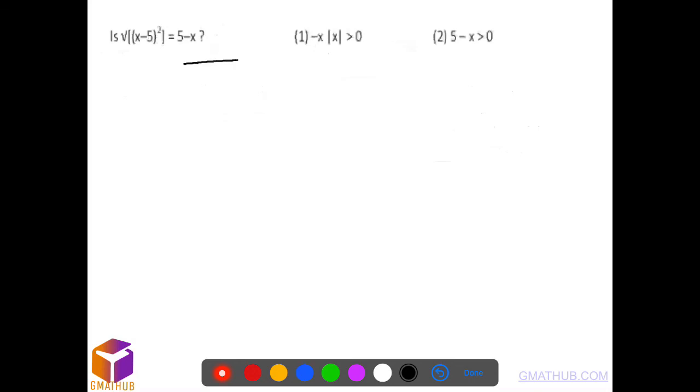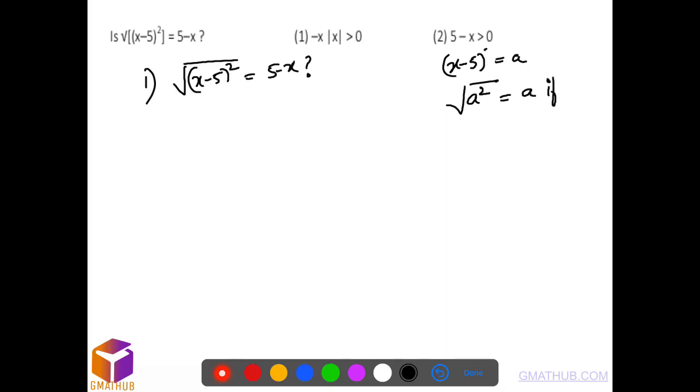Again, square root of x minus 5 square, is it equal to 5 minus x? That's what we are asking. Again, let's put x minus 5 equal to a, so it becomes square root of a square. It will be equal to a if a is positive, so it will be equal to x minus 5 if x minus 5 is positive.